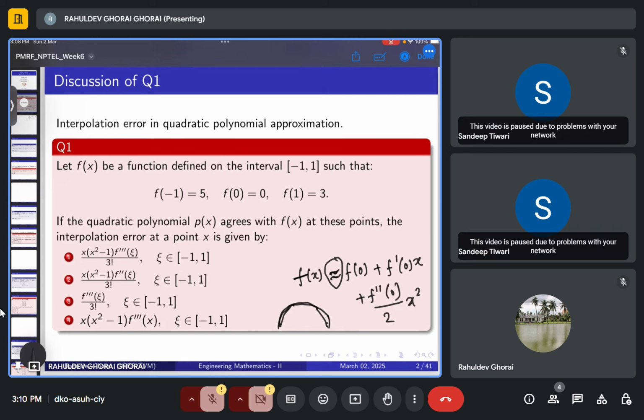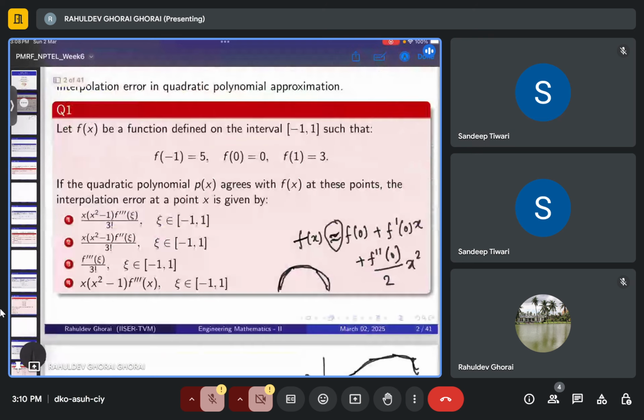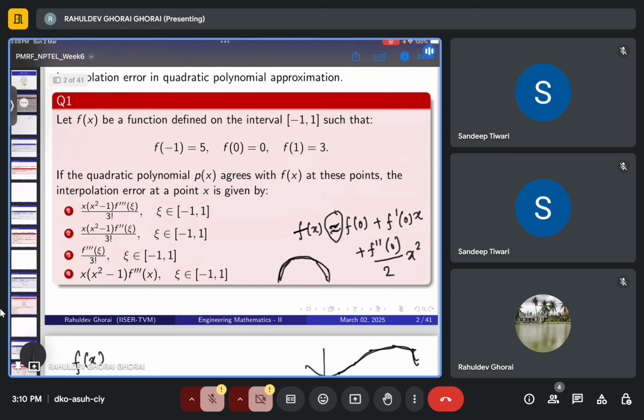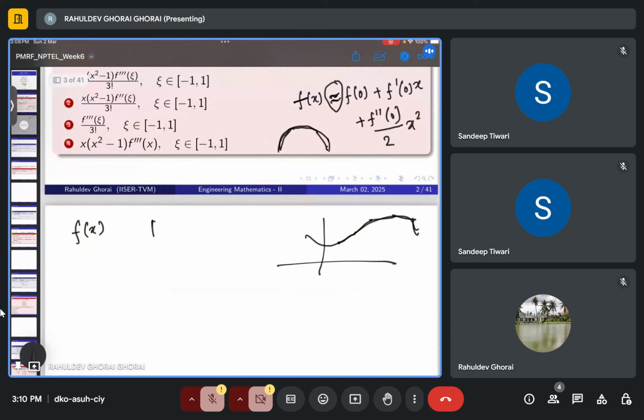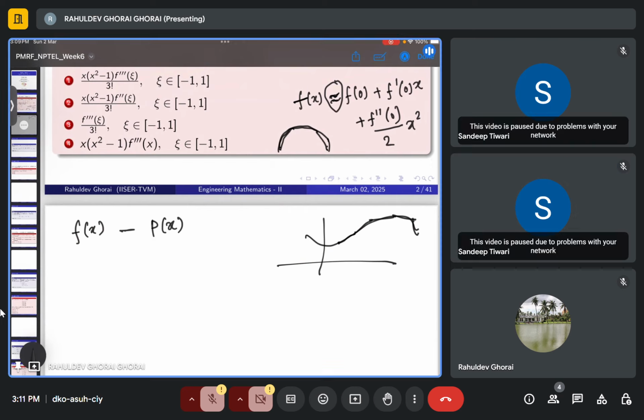So let's say our function is f(x) and we approximate it by p(x), then the error will be f(x) minus p(x). Yes, sir.